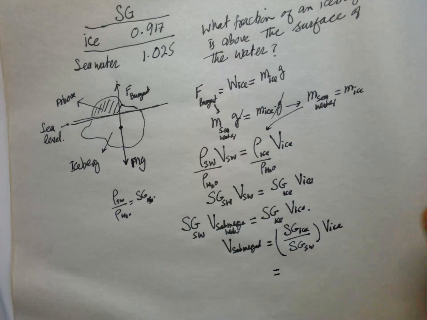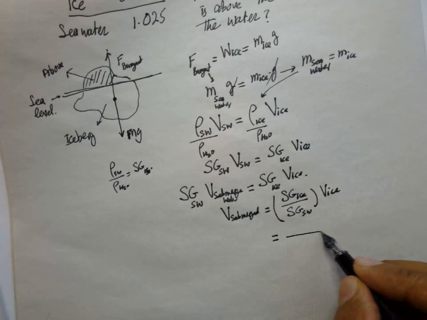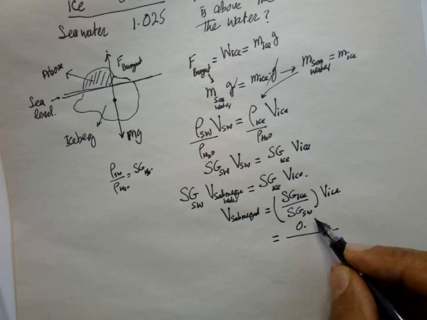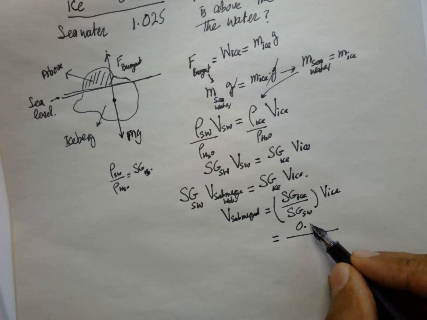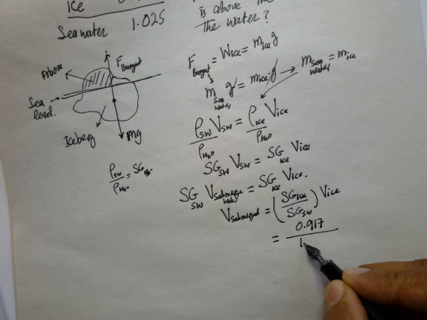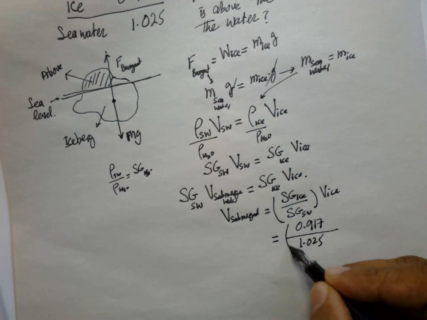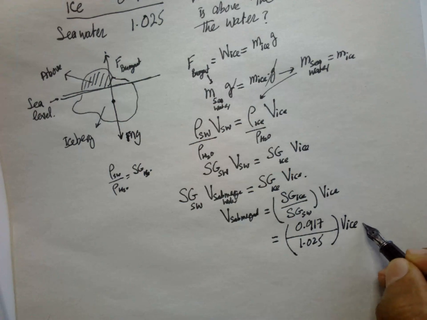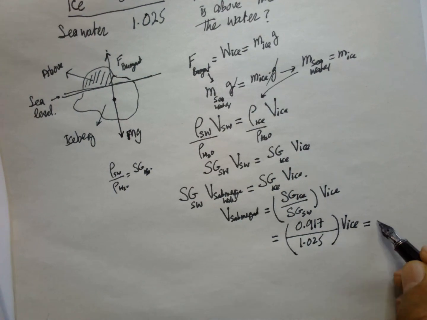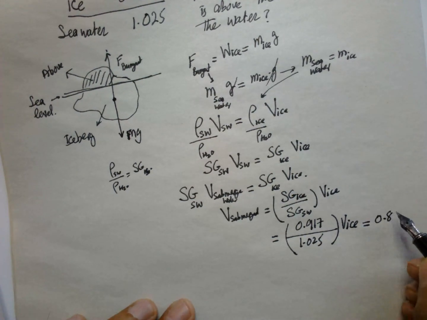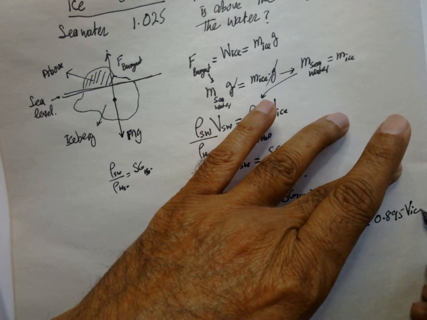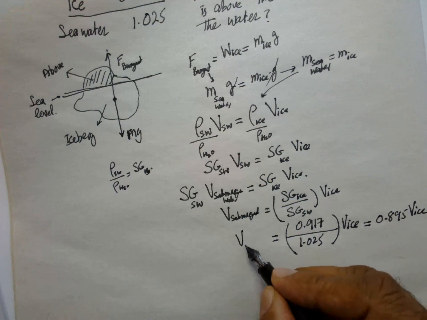If you substitute the values, 0.917 over 1.025, V ice, and this is equal to 0.895 V ice, V submerged.